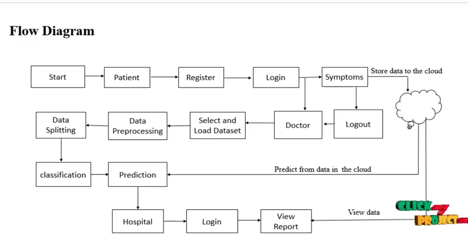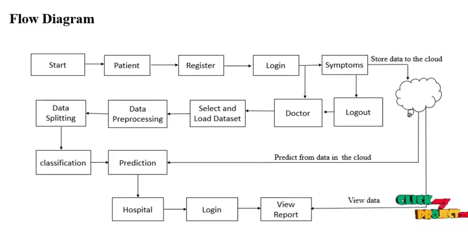Then the doctor logs in through his credentials and selects and loads a data set. Data processing is nothing but replacing null values with zero, and then data splitting happens. The data will be split into train data and test data, with most of the data in the train data and the remaining in the test data, in the ratio of 80:20.